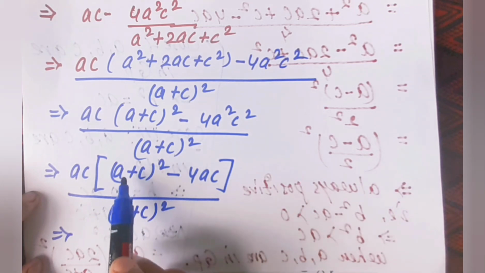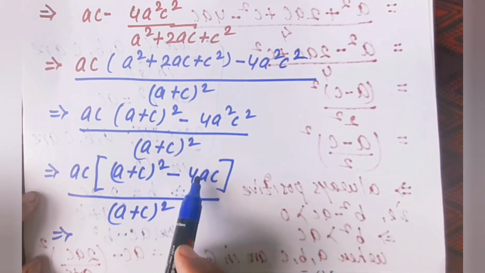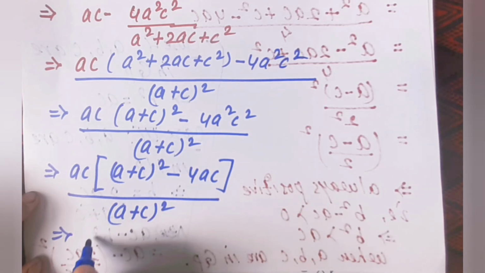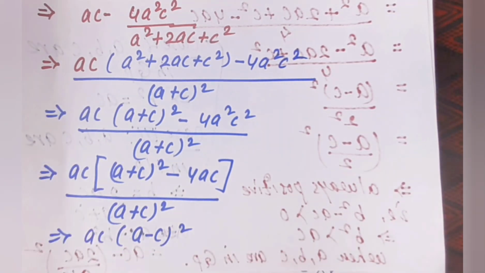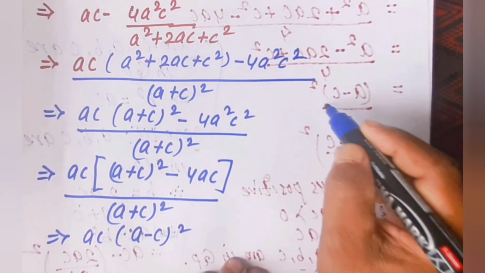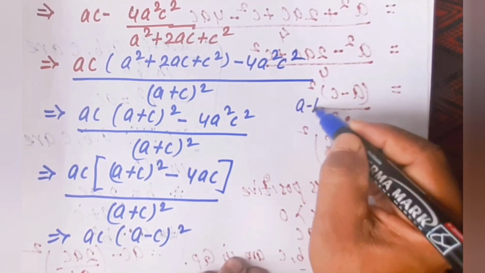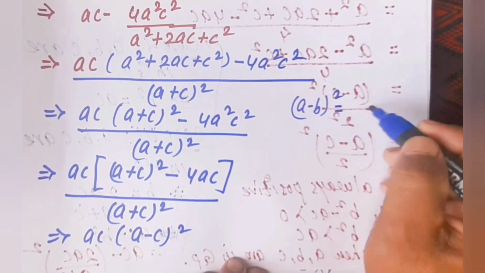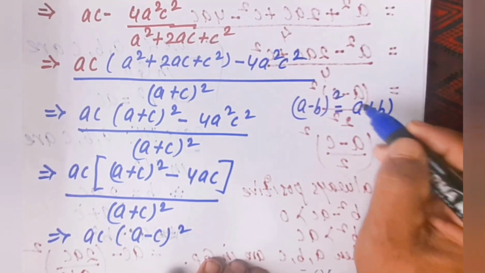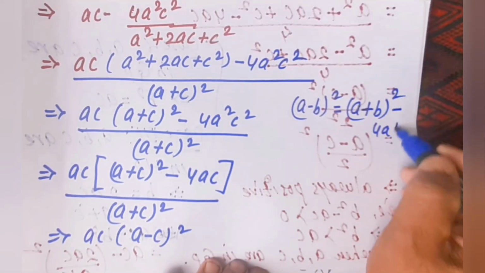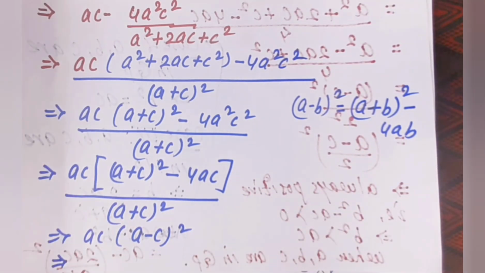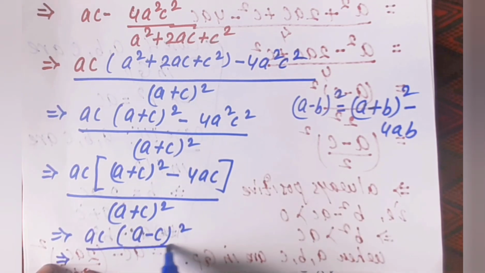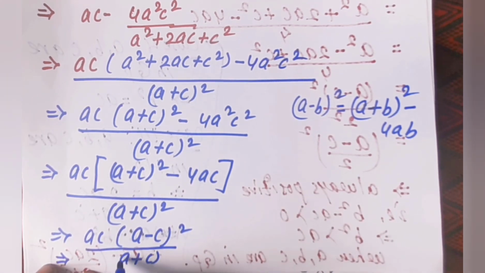Now (A plus C) whole square minus 4AC is given, that means AC into (A minus C) whole square. We know the formula: (A minus B) whole square is (A plus B) whole square minus 4AB, then we get the same result, whole upon (A plus C) whole square.